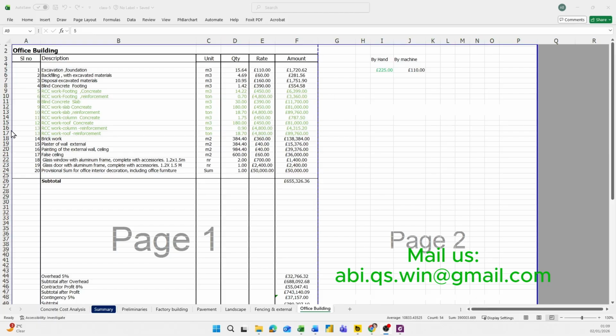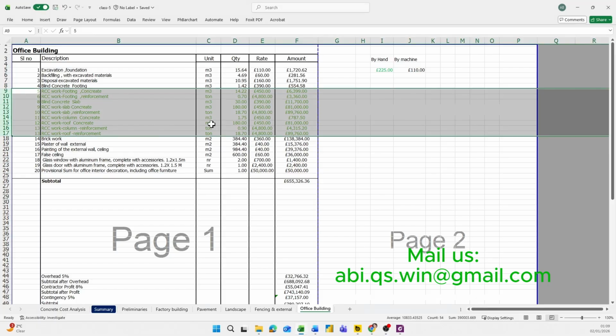So we already discussed concrete work, and reinforcement analysis is almost the same as concrete work. So I'm not going to discuss reinforcement separately. Now we are going to discuss the brickwork and price analysis.